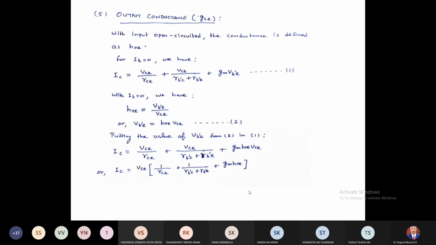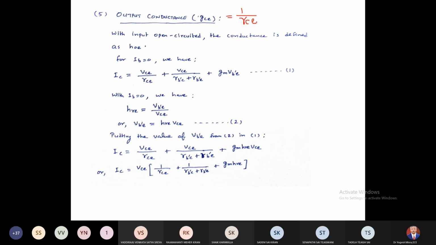Now we will discuss another conductance, that is the output conductance, right? Output conductance is written as GCE, or it can also be written as 1 by RCE.